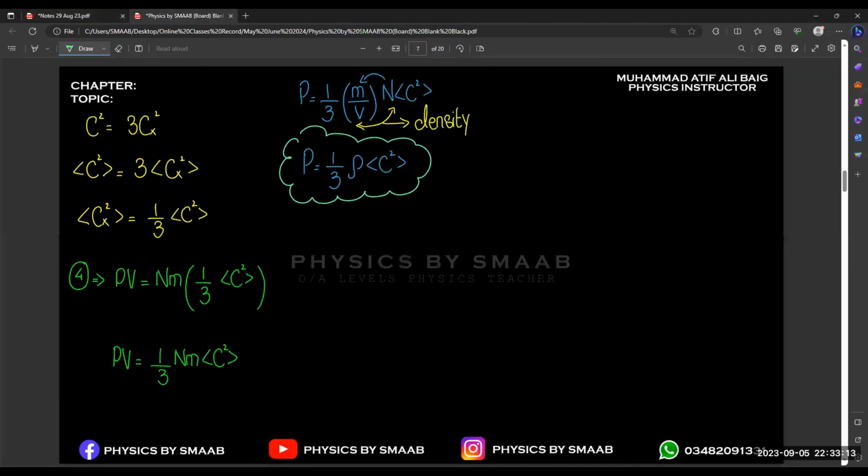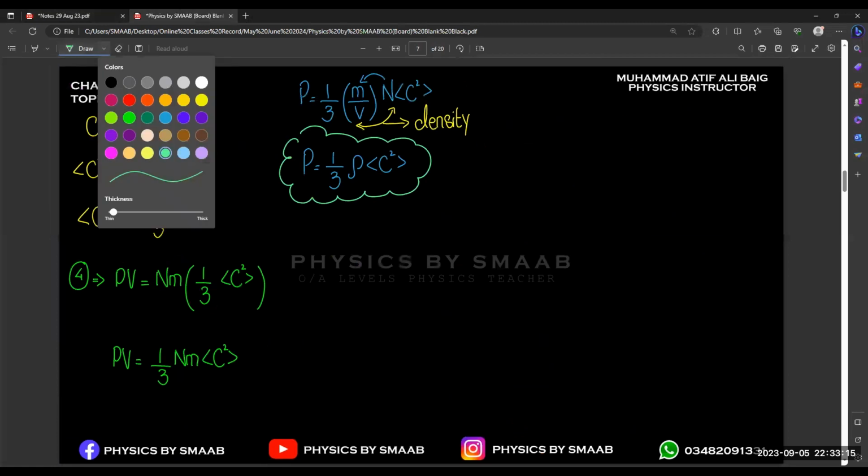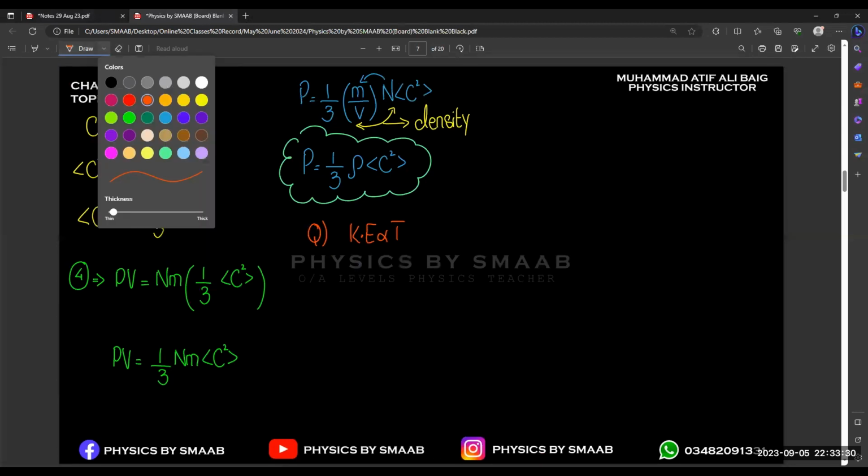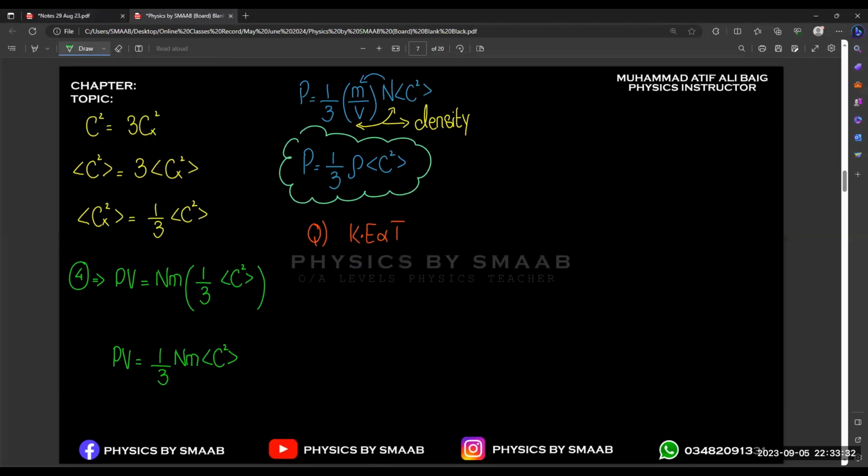So let's suppose they ask you to derive the equation that kinetic energy is directly proportional to temperature. How are we going to derive this? We start from the general gas equation, PV is equal to NkT. So this is the first equation.